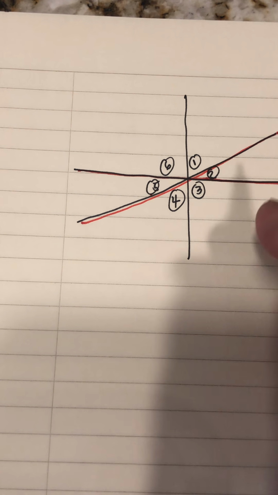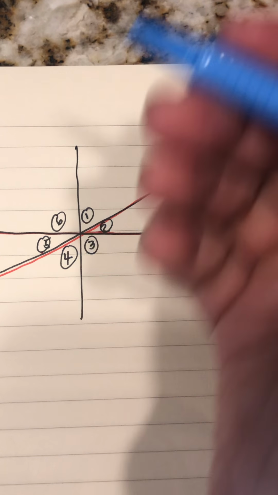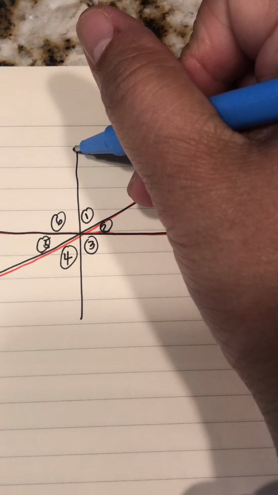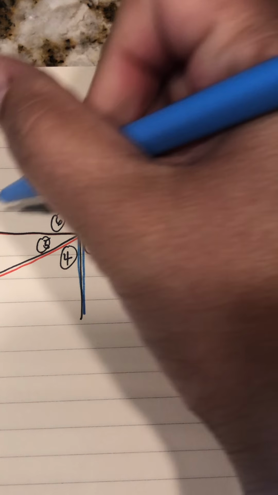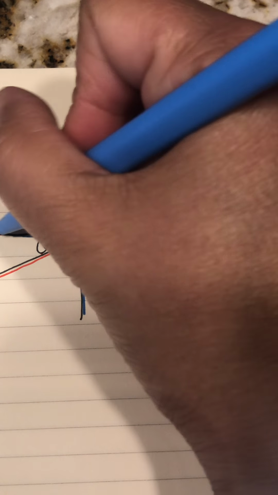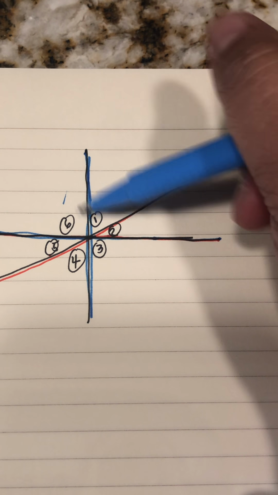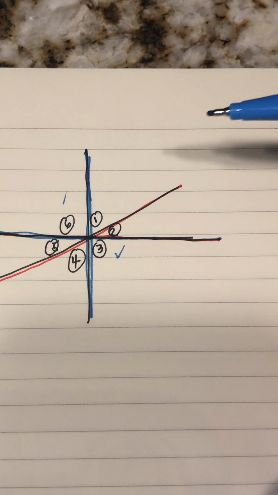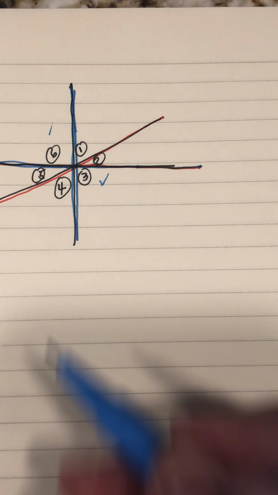All right, I'm going to ask, what angle is vertical to angle 6? So now you're going to trace your angle 6. Now your angle 6 is vertical to angle 3. Okay?